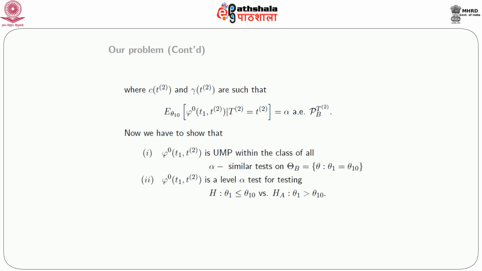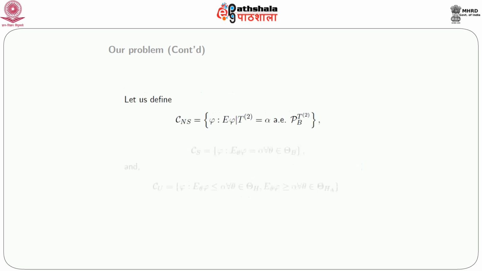Now we have to show that number 1, phi naught is UMP within the class of all alpha similar tests on script theta b, and number 2, phi naught is a level alpha test for testing H: theta 1 less than or equal to theta 1 naught versus H a: theta 1 greater than theta 1 naught.